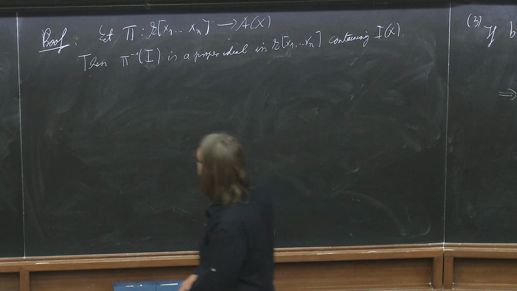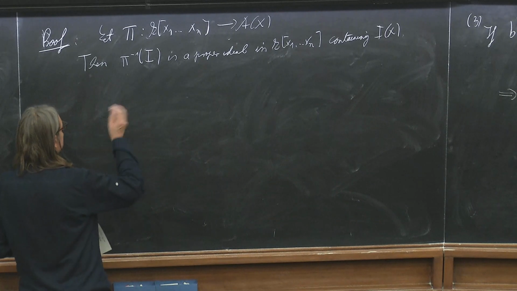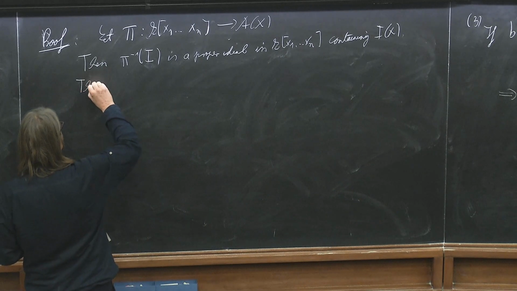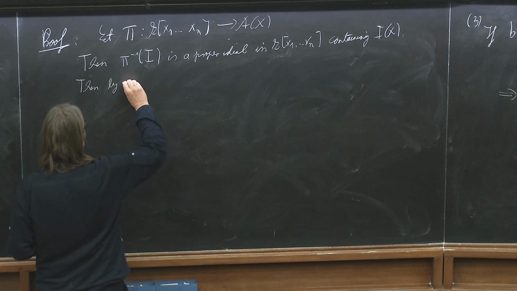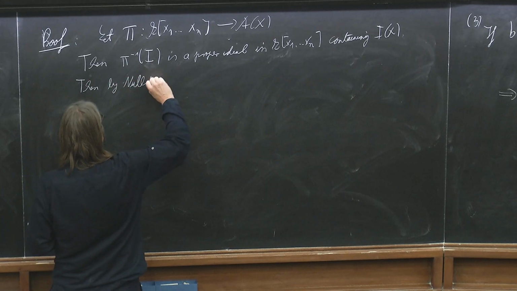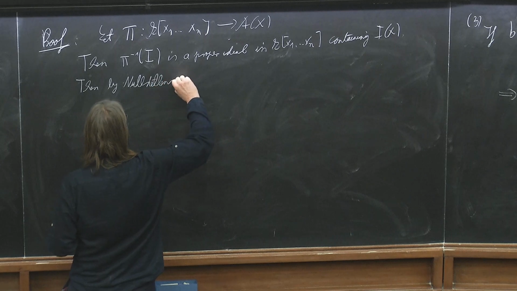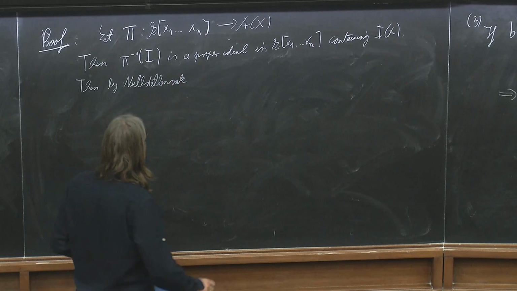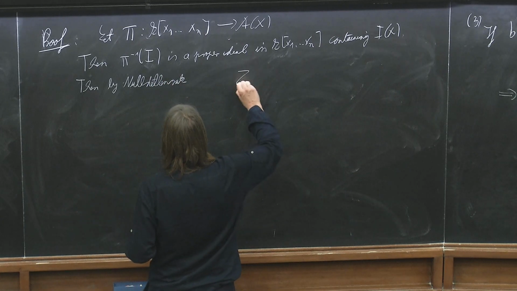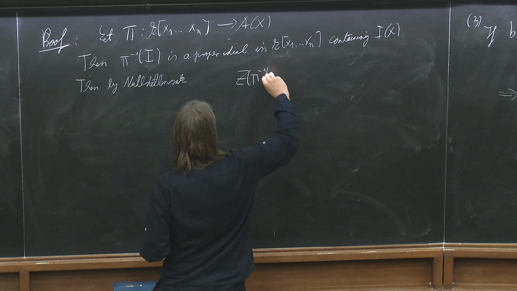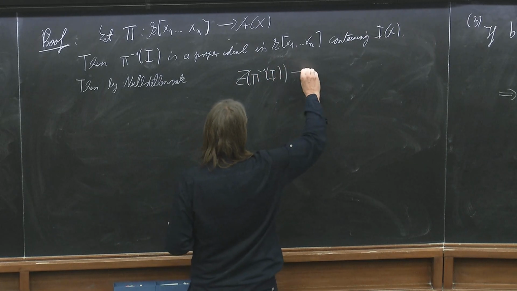So then we know by the Nullstellensatz that the zero set of pi to the minus 1 of I is not empty.